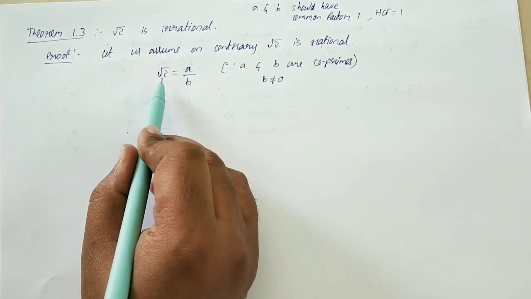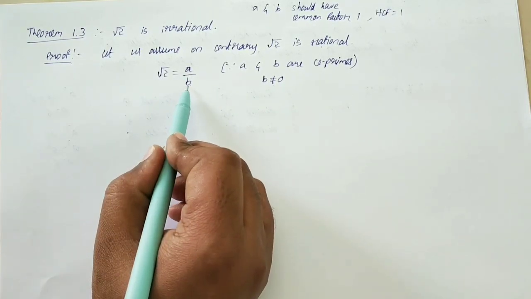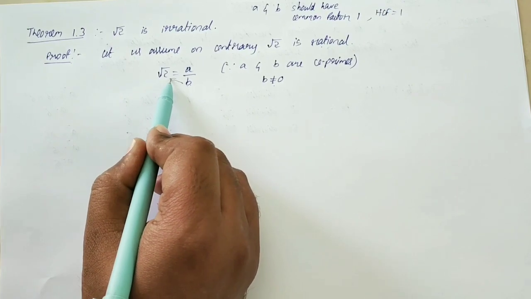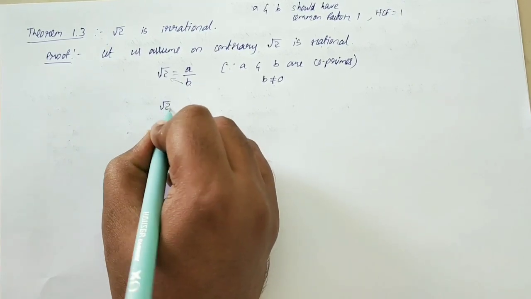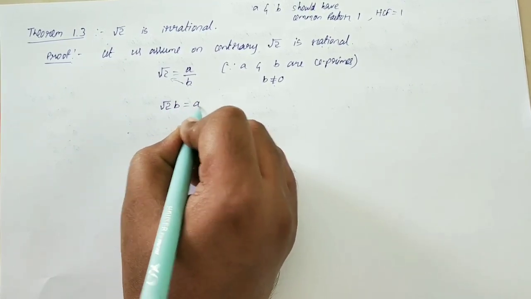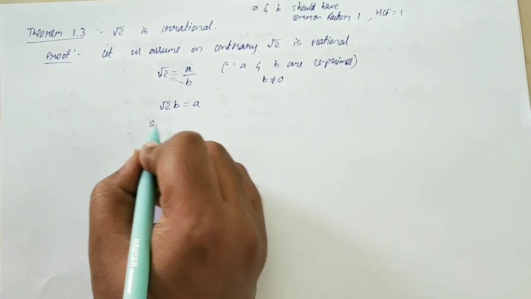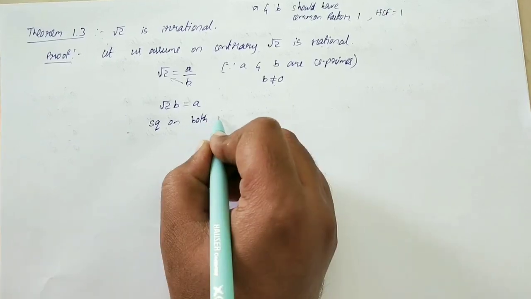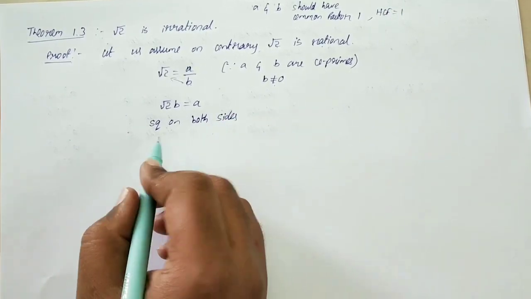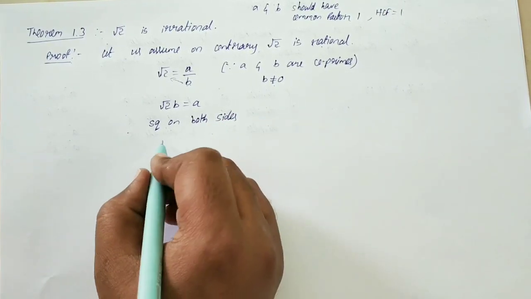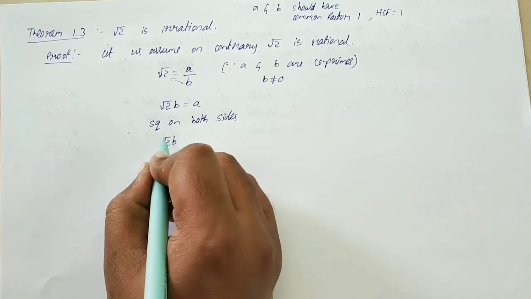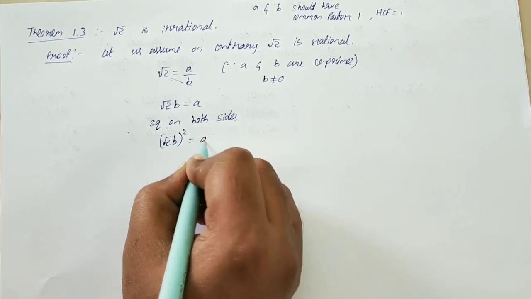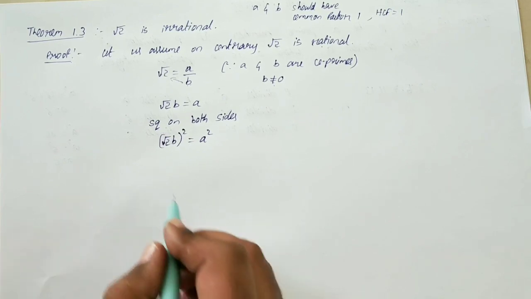So now root 2 is equal to A by B, right? We will shift B to the LHS. It becomes root 2 B is equal to A. The next step, we will do squaring on both sides. So root 2 into B whole square is equal to A square, right?